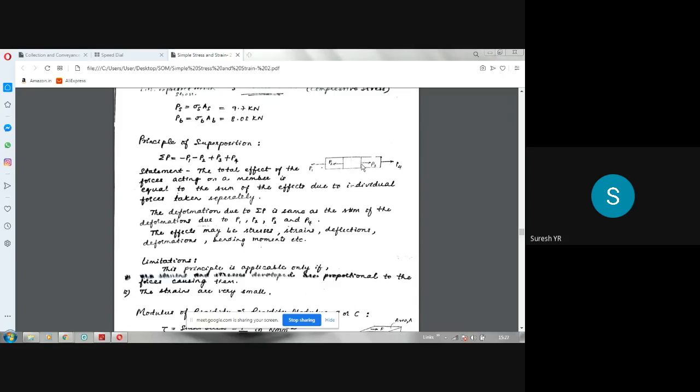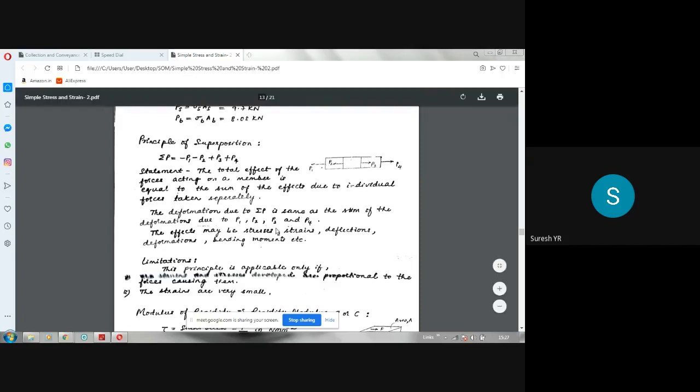Some of the forces may be tensile, some of the forces may be compressive. So the net effect you are going to get by adding the individual effects of all the forces. The effect may be stress, strain, deflection, deformation, moment, anything. They are all called the effects of force.